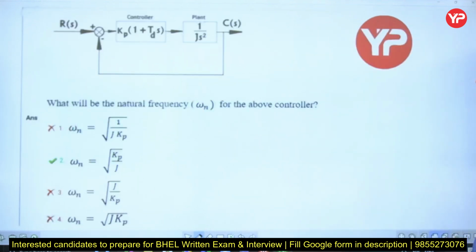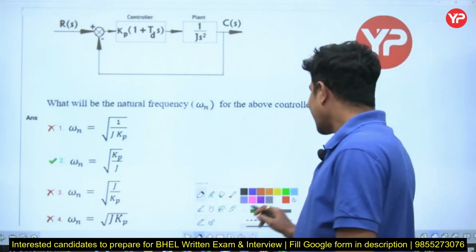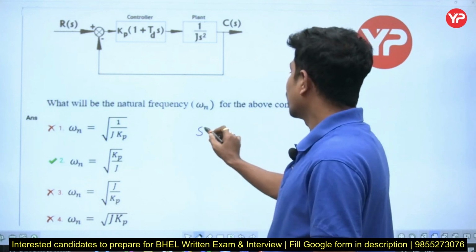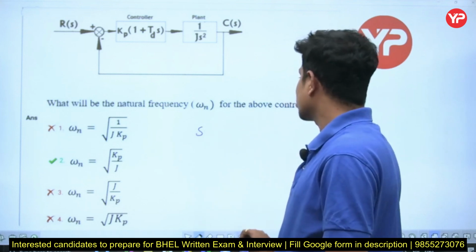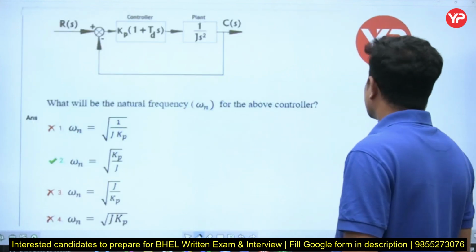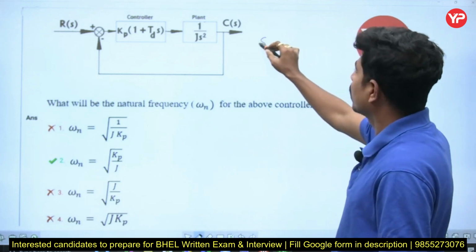Next question please. He has given one plant and controller, one block diagram, mentioned very clearly. What will be the natural frequency for the above controller? Get its characteristic equation and compare with the standard characteristic equation. I am solving here.